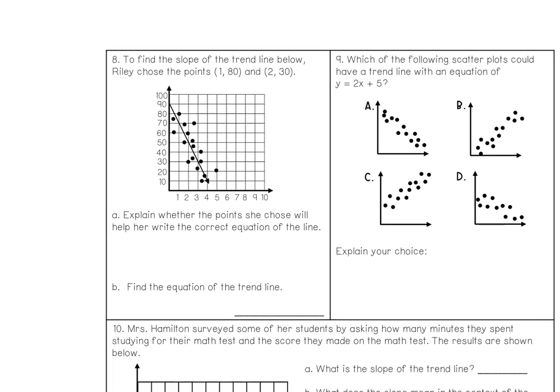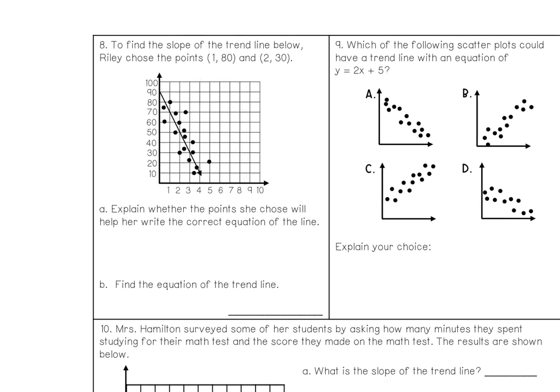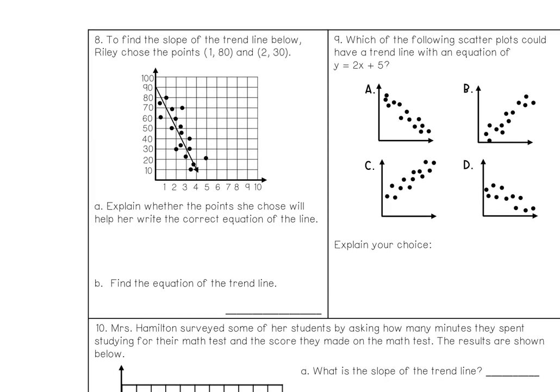So here you're going to find the slope of the trend line. They give you the 2 points. The first part says, explain whether the points she chose will help her write the correct equation of the line. So let's see, 180. 180 is where? Right here.